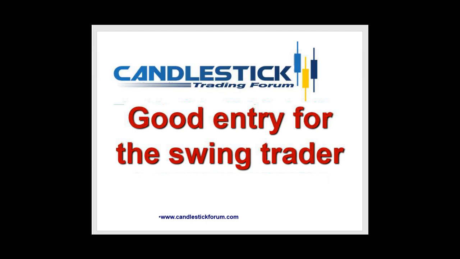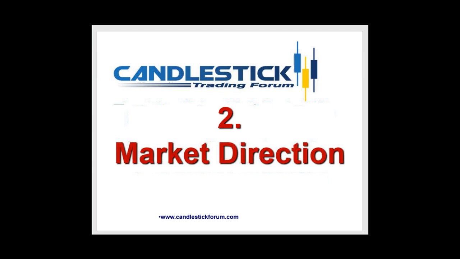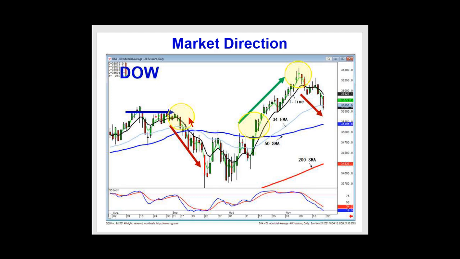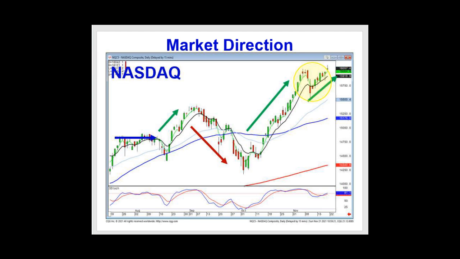So the prerequisite for any good entry is, what is the market direction going to be doing? We can identify pretty much uptrends, downtrends, or choppy markets. We can see when it's kind of coinciding with when one index is, they usually trade in conjunction.